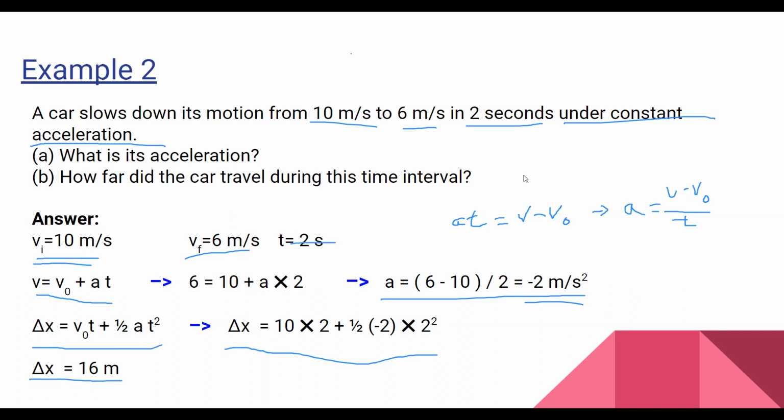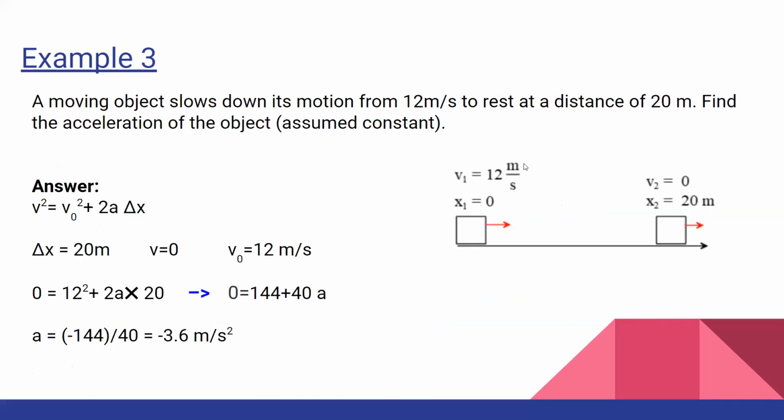A moving object slows down its motion from 12 meters per second to rest at a distance of 20 meters. Here, we don't have a V final, so you cannot just use the first equation like we did in the last problem. You have to, again, assess your situation.